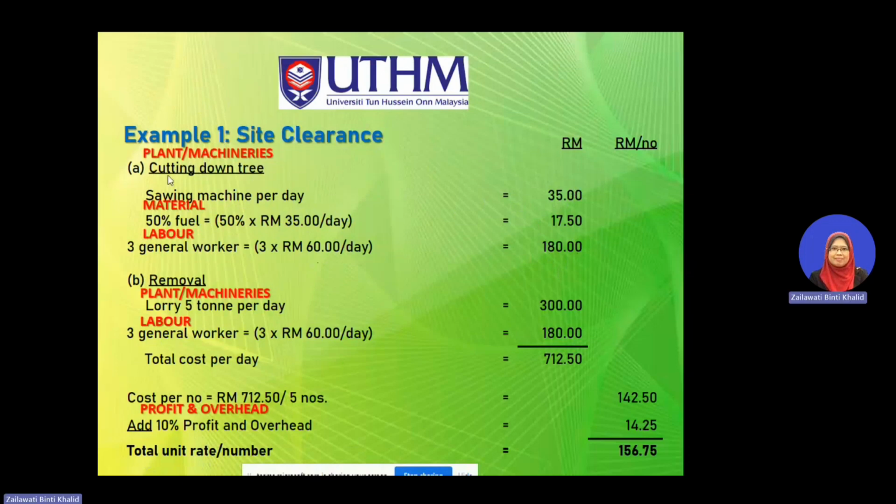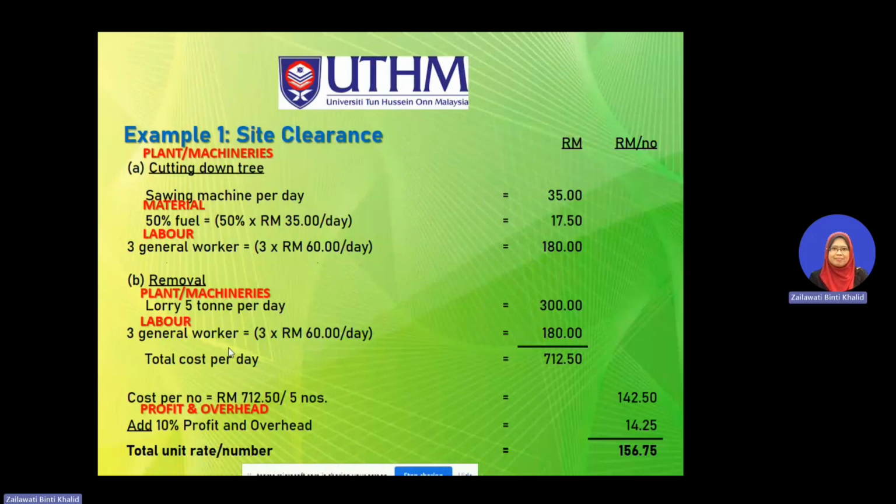The next activity will be removal. Remove the cut trees from the site. We need to rent the 5 ton lorry per day, which is 300 ringgit. We also need 3 general workers, which is 3 times 60 ringgit per day, 180.